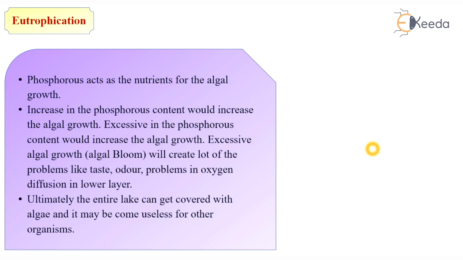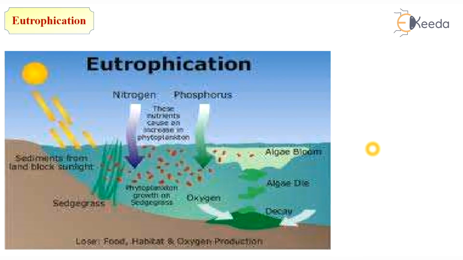So when we are discharging industrial wastewater into the lake, as it is enriched in phosphorus and nutrient contents, the high phosphorus content is harmful for the lake water, as it creates eutrophication, or excessive growth of algae on the top surface of that lake body. Because of that, the oxygen will not reach the bottom layer of the lake.